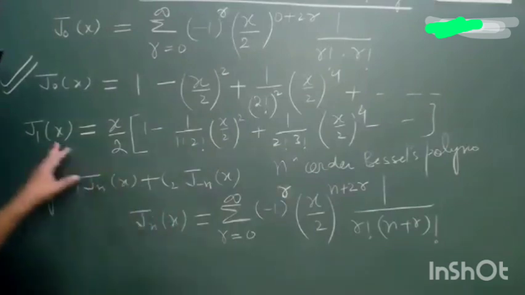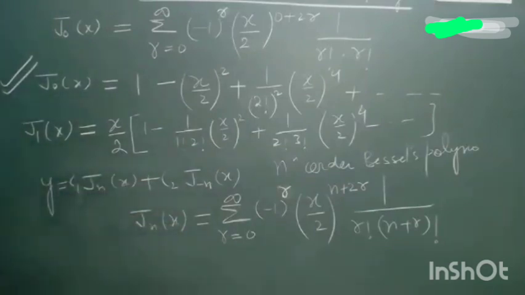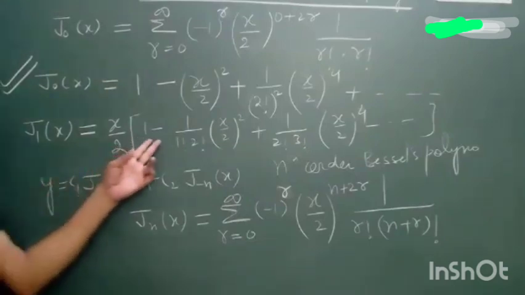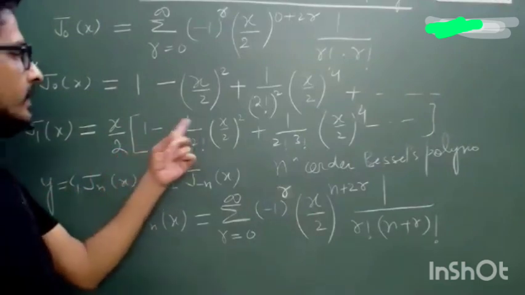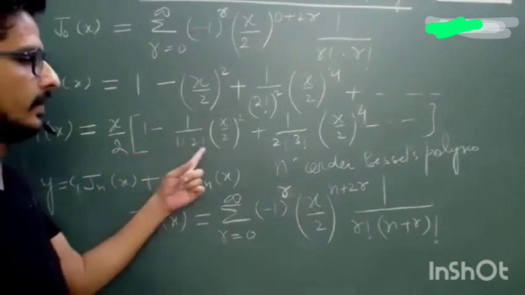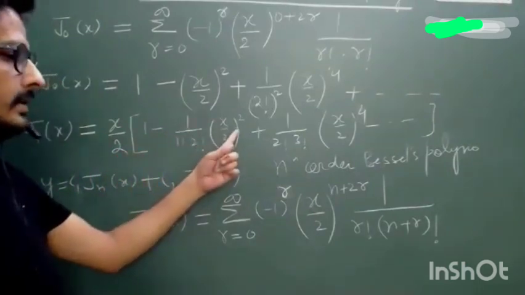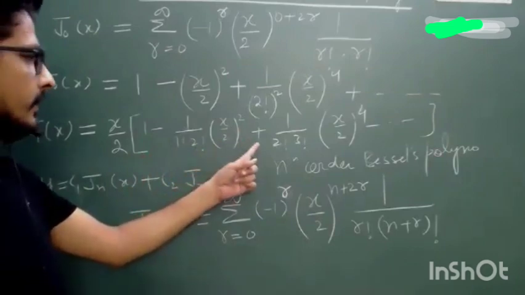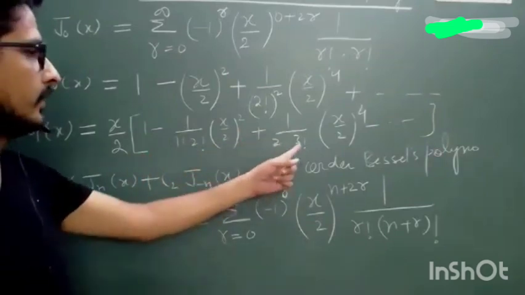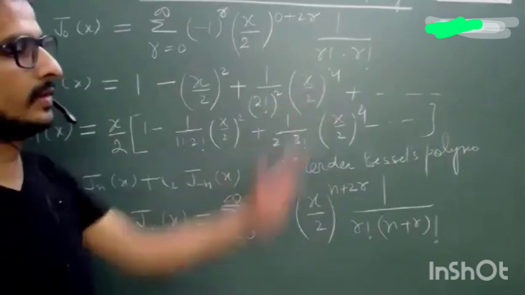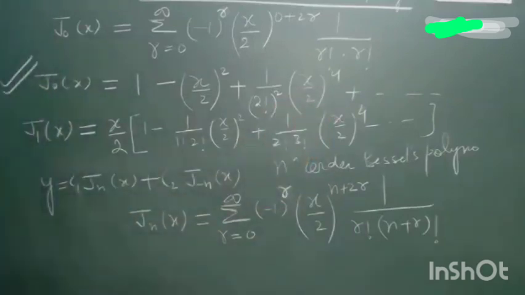Put the value here for J1. So the first term will be x by 2. The second term will be minus 1 by 1 factorial 2 factorial x by 2 cube. The third value will be plus 1 by 2 factorial 3 factorial x by 2 to the power 5, like that.